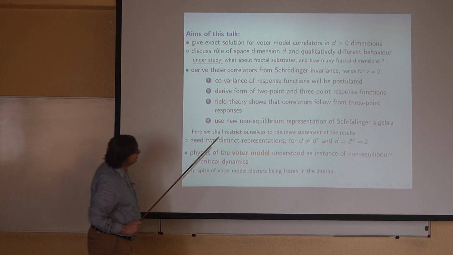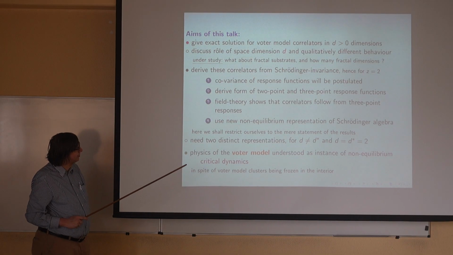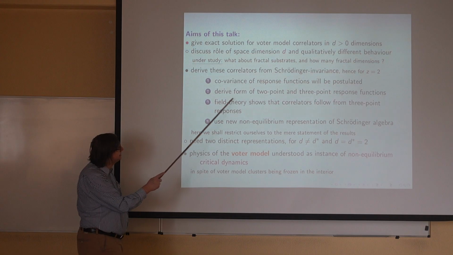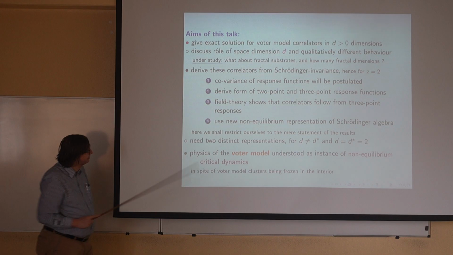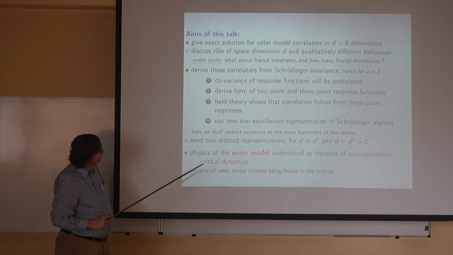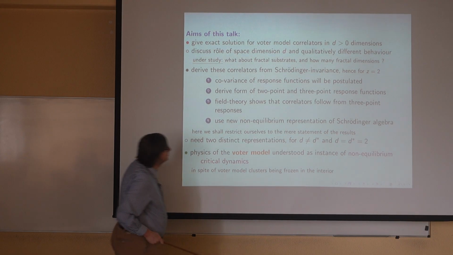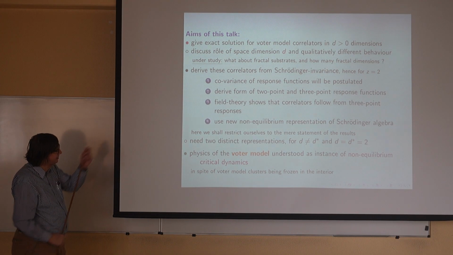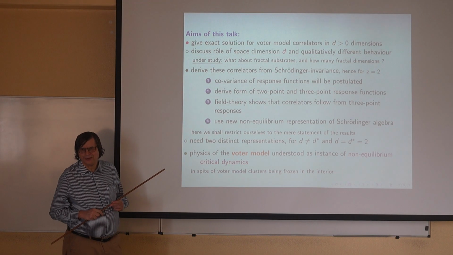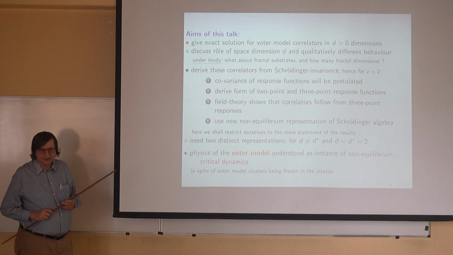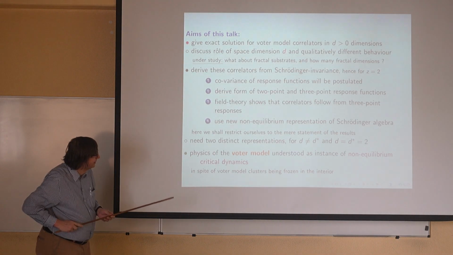First of all, the response functions, which I also shall define for you, will be covariant under Schrödinger transformations, not the correlators. From this, we can then derive the form of these 2 and 3 point response functions, and then also combine this with non-equilibrium field theory to derive the principal form of the correlator functions, and then finally use the Schrödinger symmetry in a new non-equilibrium representation, which then allows us to actually derive the precise form and compare with the experiment.